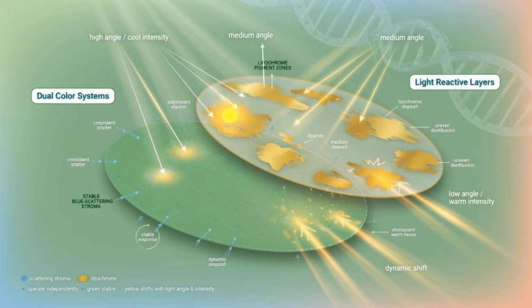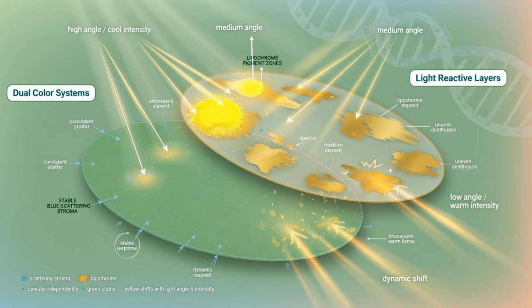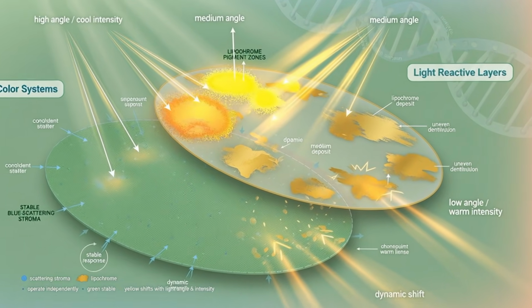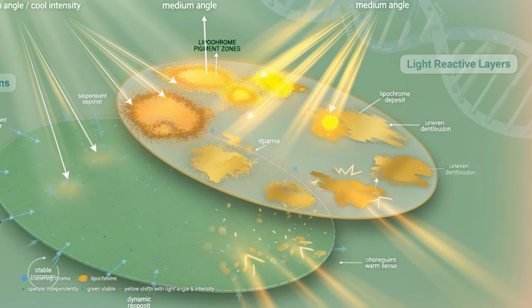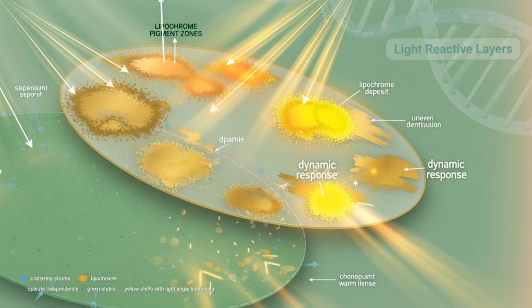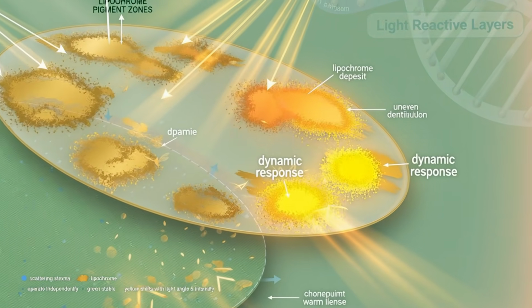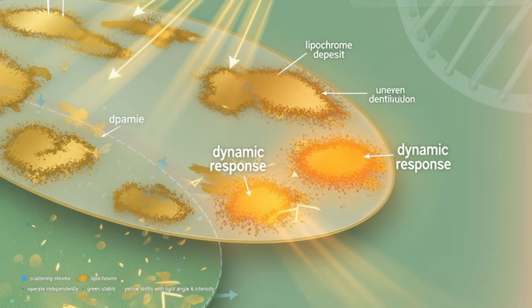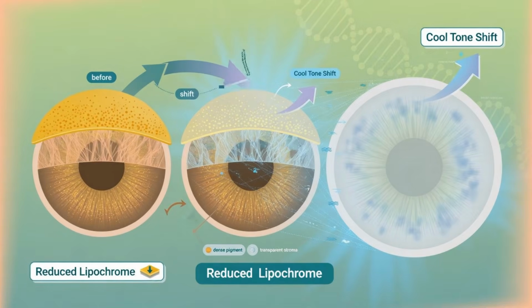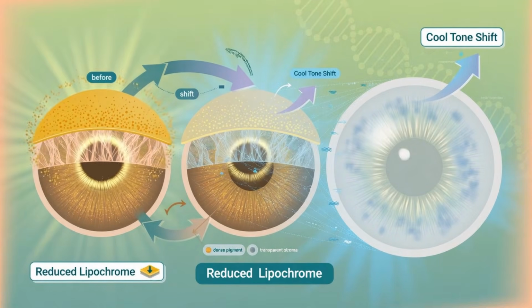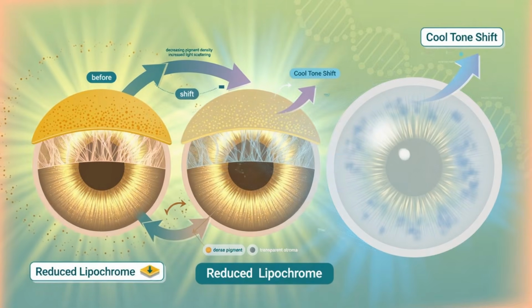The eye looks like it has two separate color systems operating at once. It's not an illusion exactly, it's just that the uneven pigment distribution makes the eye more reactive to changes in lighting angle and intensity.